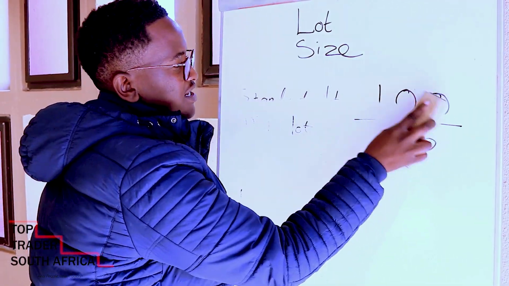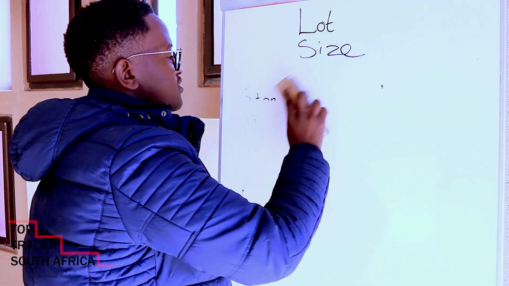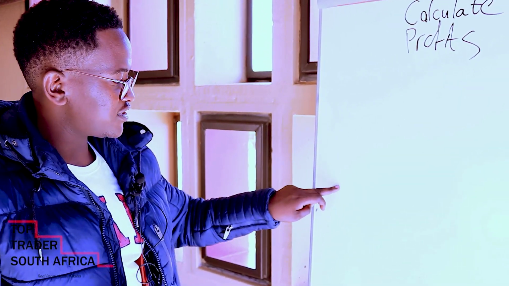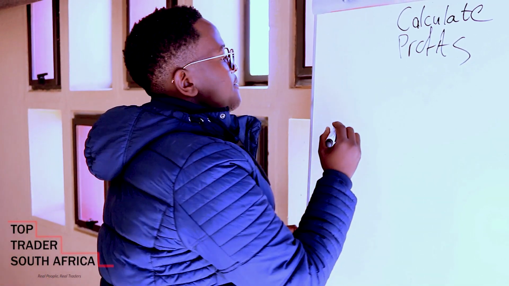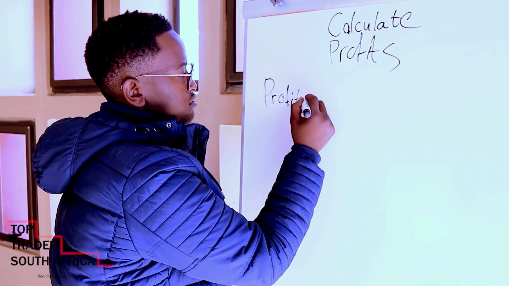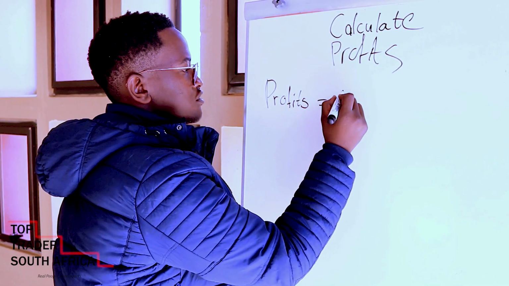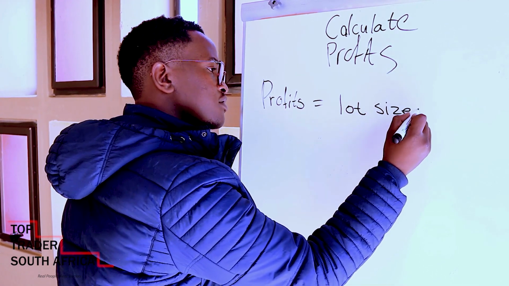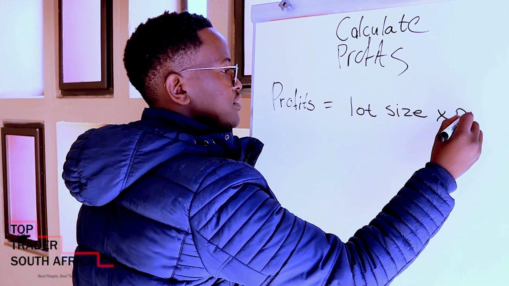So now, understanding how to calculate profits. The general formula is profits equals lot size multiplied by points.